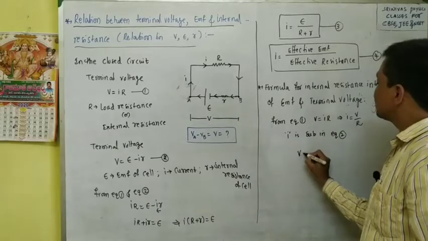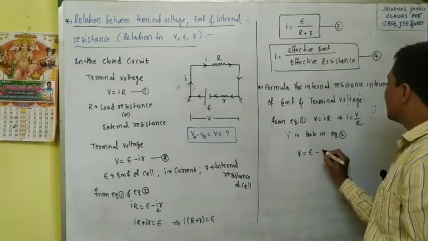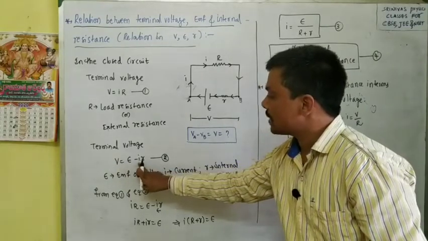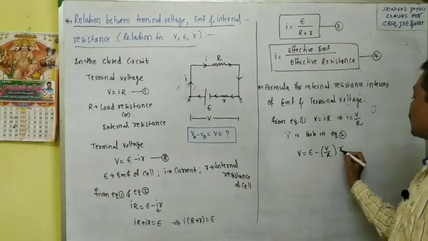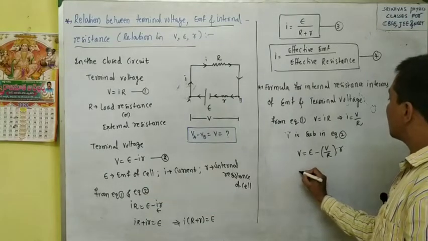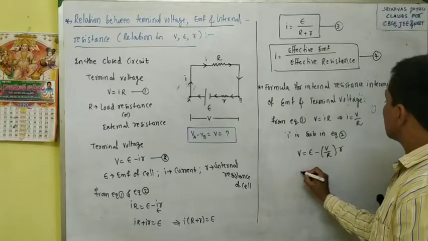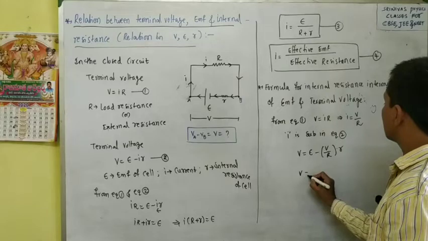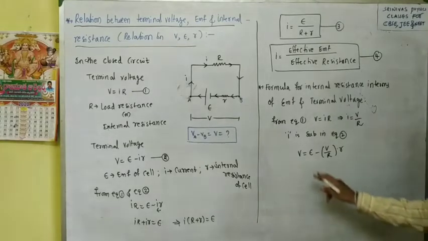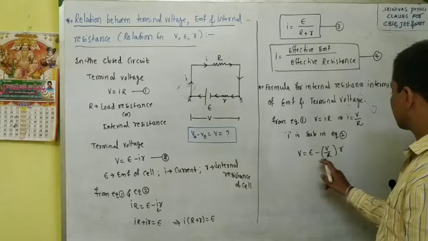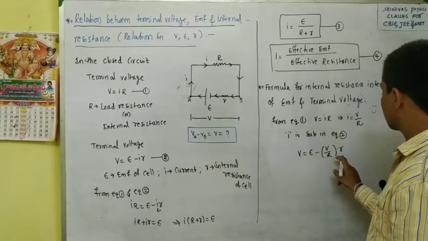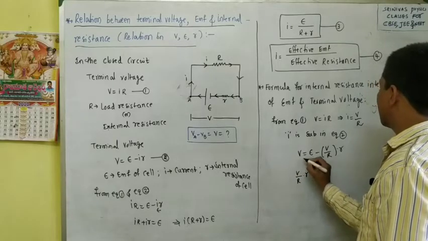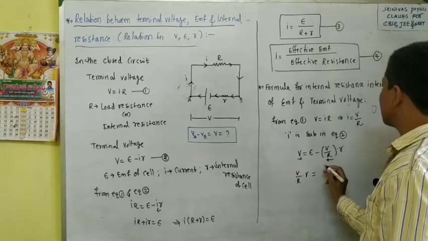What you will get? V is equal to E minus (V by R) into r. I want to find out the small r, right? Then we will take this V by capital R into small r to the left side and this V to the right side.